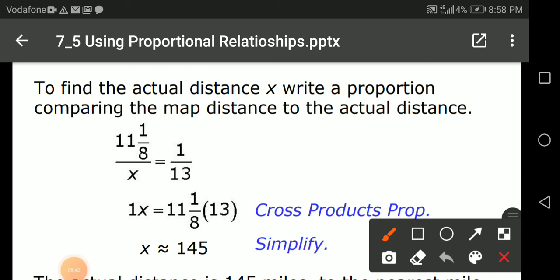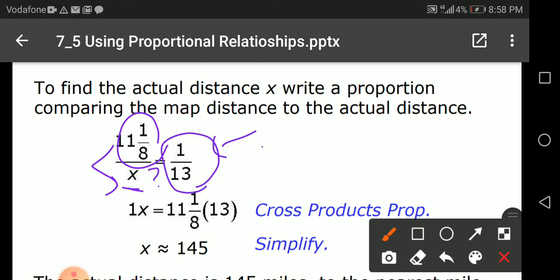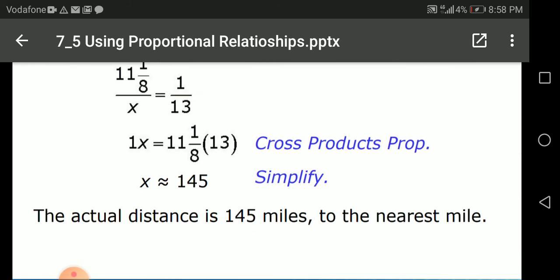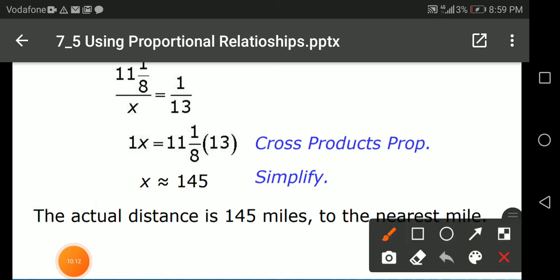So I have 11/8 inches over x, the actual miles that I need to know, and this is the scale here. So I will do cross multiplication. 1 times x equals 11/8 times 13. Let's see how we can do it.